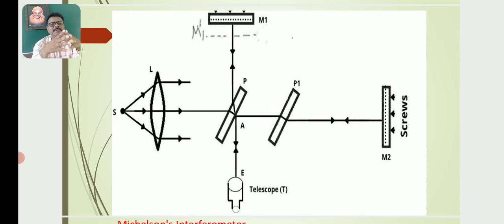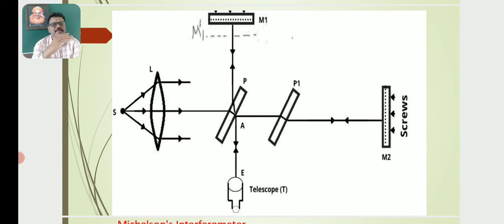To balance the path traveled by the transmitted ray, one more glass plate, called P1, is introduced between P and M2.